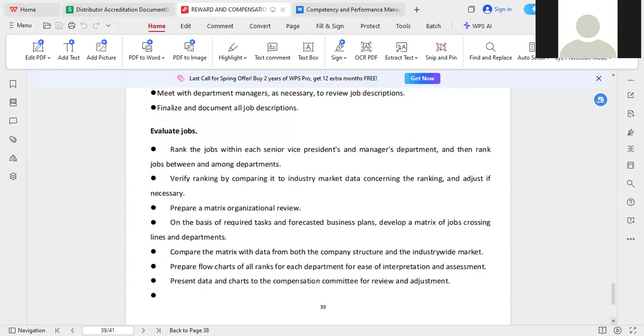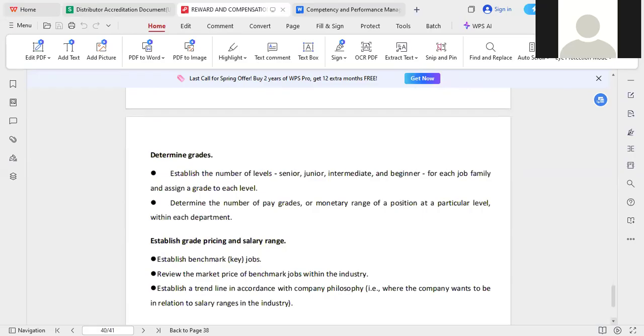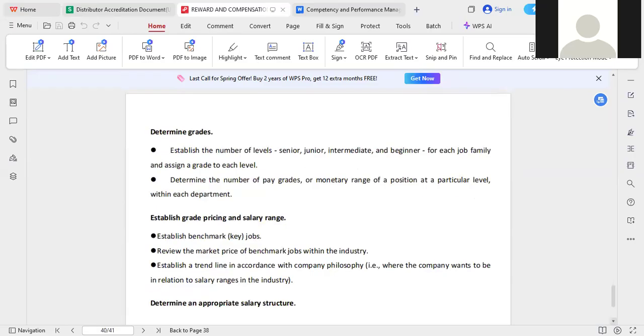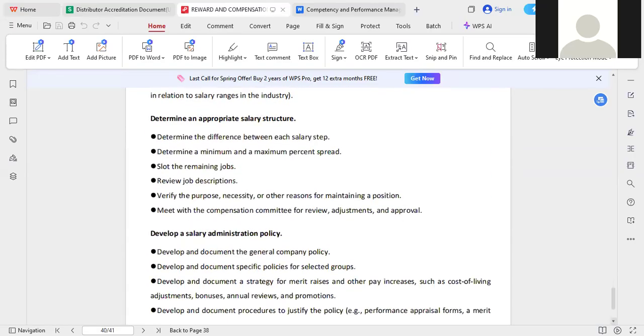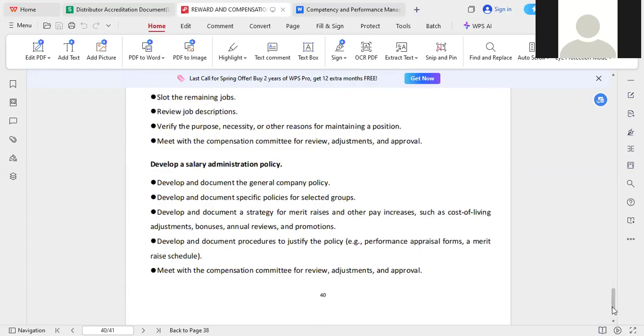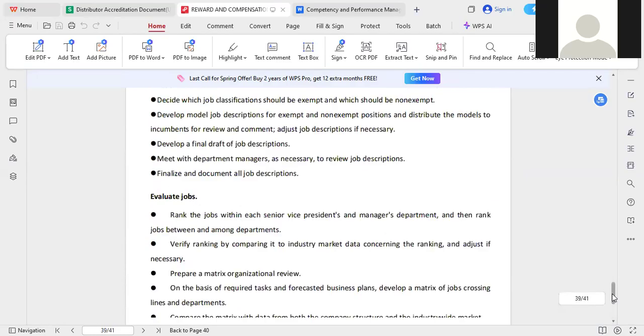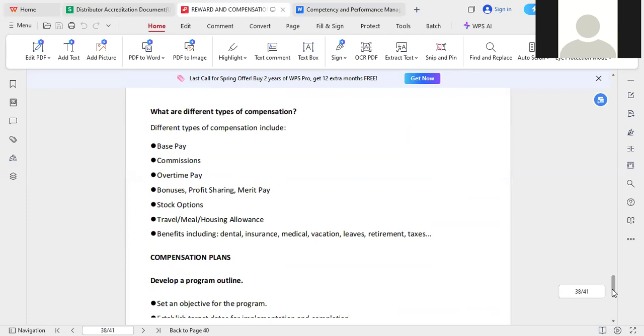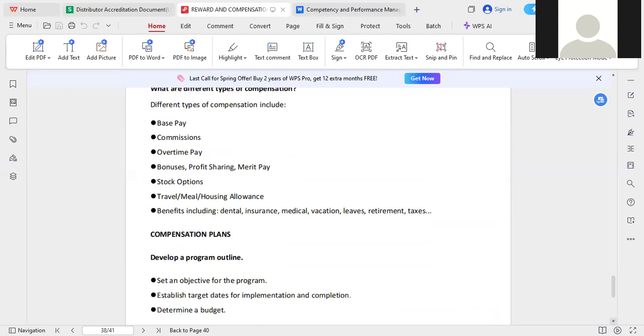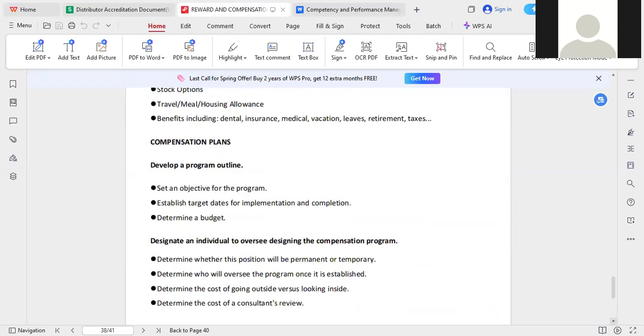So this is what we have looked at regarding compensation. All the remaining work, you can read up on your own, but they are basic explanations of what we are discussing under compensation.